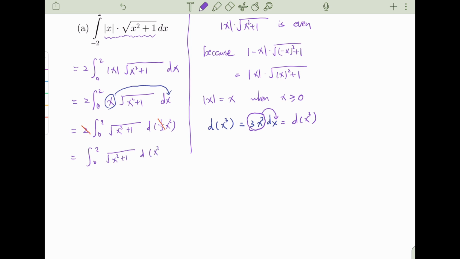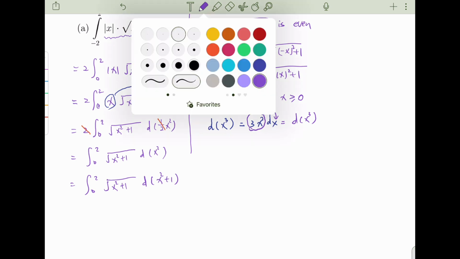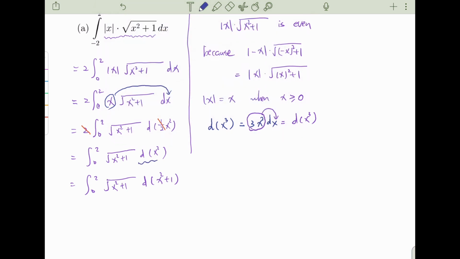d of x squared, right? And now the next step, I'm going to change this dx squared to d of x squared plus 1. That is because I have x squared plus 1 inside my square root, and I want to create something that is the same as that so that I can let u equal x squared afterward to do my substitution. If you're confused about that, I will explain.